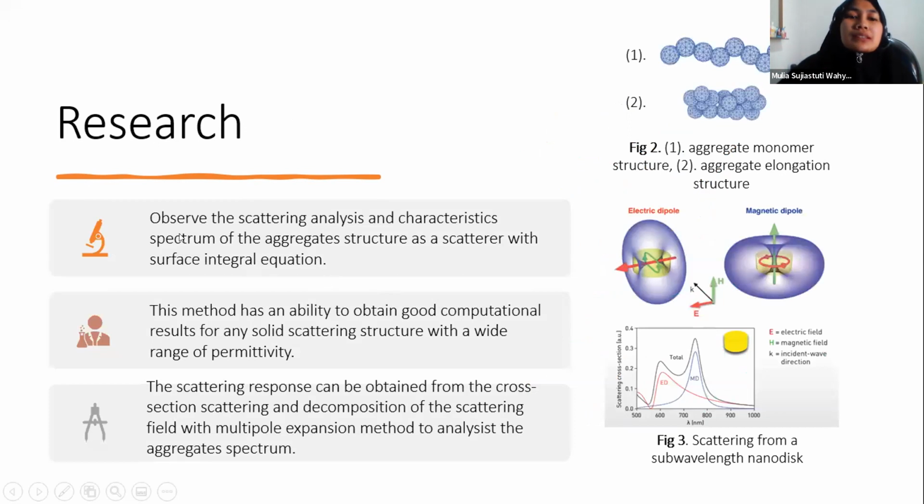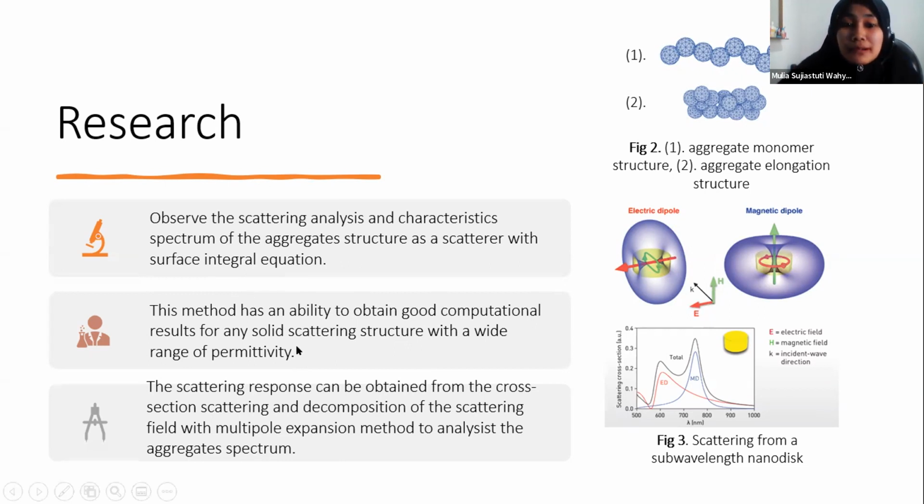So in this research, we observe the scattering analysis and characteristic spectrum of the aggregate structure as a scatterer with a surface integral equation. The surface integral equation is derived from the Maxwell equations through Green's function theory. This method has the ability to obtain good computational results. It means high accuracy for any solid scattering structure with a wide range of permittivity.